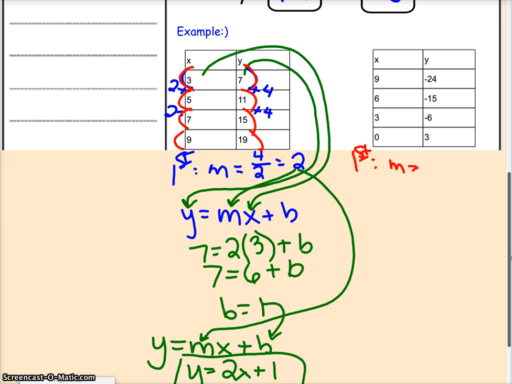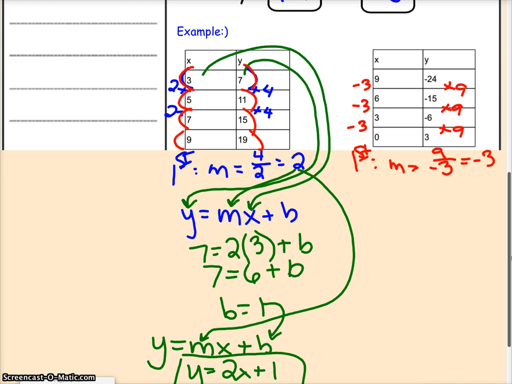What did I do to negative 6 to get to 3? Well, I have to plus 6 to get to 0, and then plus 3. So it's going to be plus 9. That works for all of them. 9 over change in x: minus 3, minus 3, minus 3. 9 over negative 3, which is negative 3.